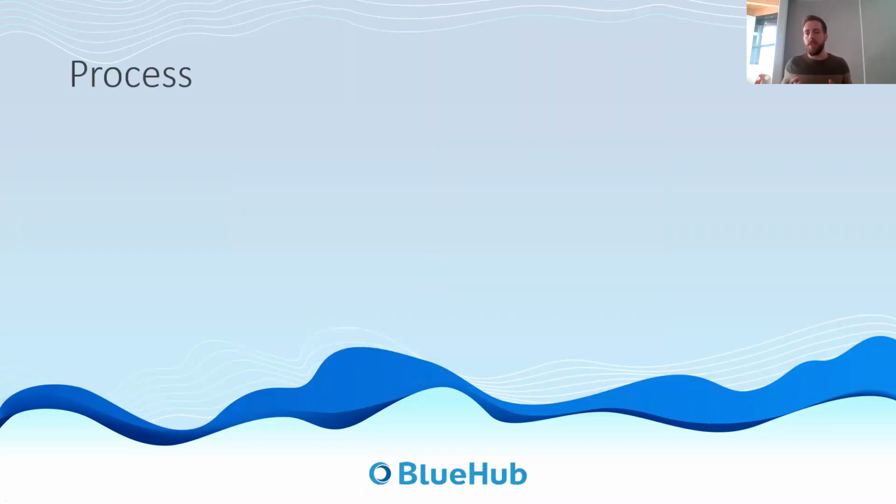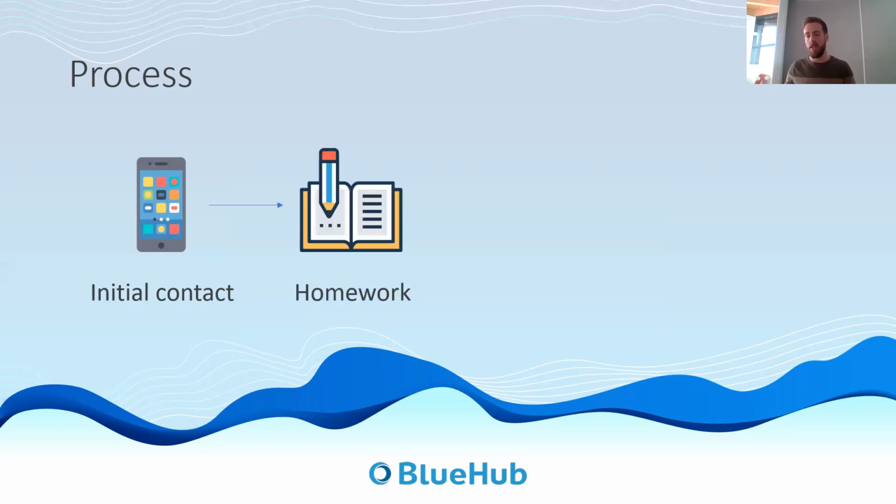So the process that we follow, as soon as a client comes to us, or a lead, a new opportunity, an accountant brings a client to us, we have a four-step process that we take them through to select an app. So first is the initial contact, where we're gathering the first bit of high-level details. If it's a client we're going to move ahead with, we'll then look to set up a meeting, and prior to that, we'll give the client some homework so that they can prepare the requirements and process information to facilitate that meeting better.